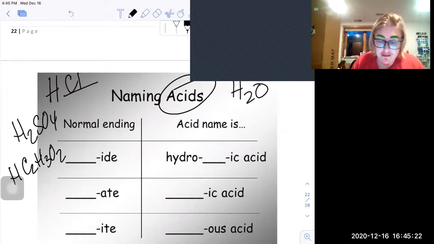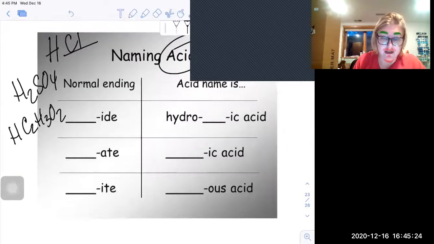When we name compounds like we've traditionally done, we have three different endings. We can have an IDE ending, an ATE ending, and an ITE ending. Any one of those endings, if they have an H in the front, like all of these, they become an acid. And what happens is that ending goes away. That ending now becomes ic acid, and then you put hydro in front of it if the ending was IDE.